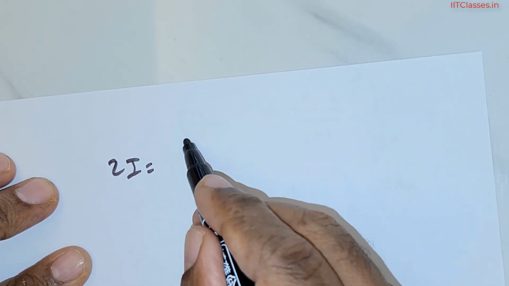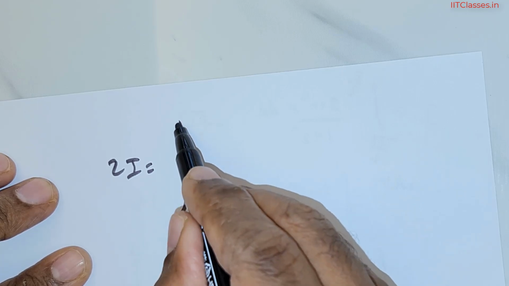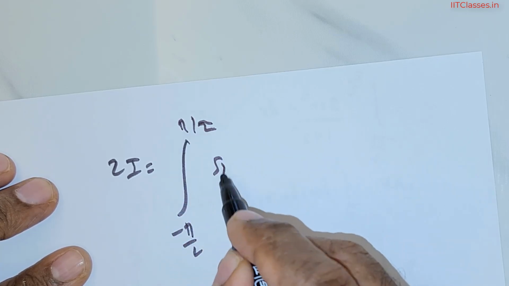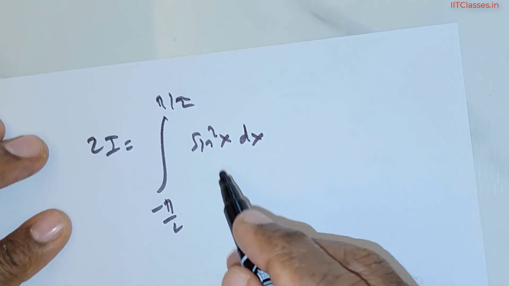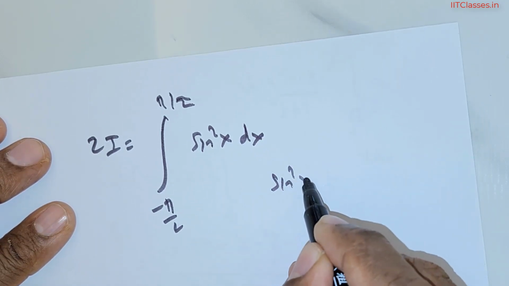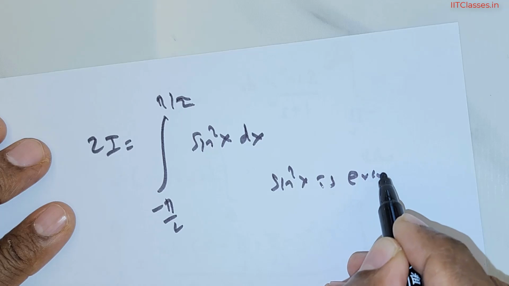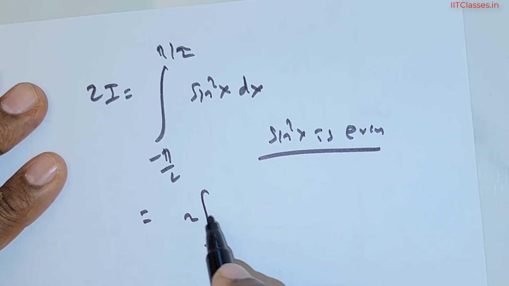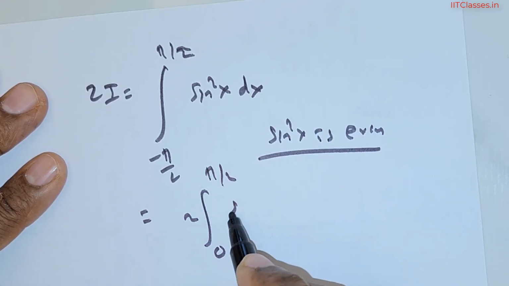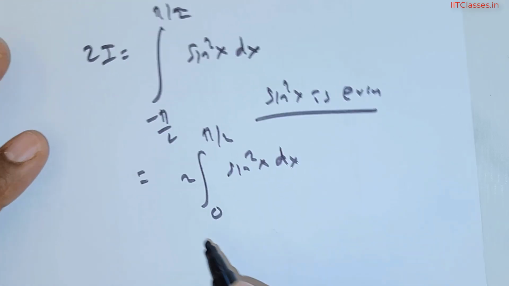So let me go to the next slide. I have 2 times I is equal to integral negative pi over 2 to pi over 2 of sine squared x dx. But sine squared x is even. So I can rewrite this as 2 times integral 0 to pi over 2 of sine squared x dx.